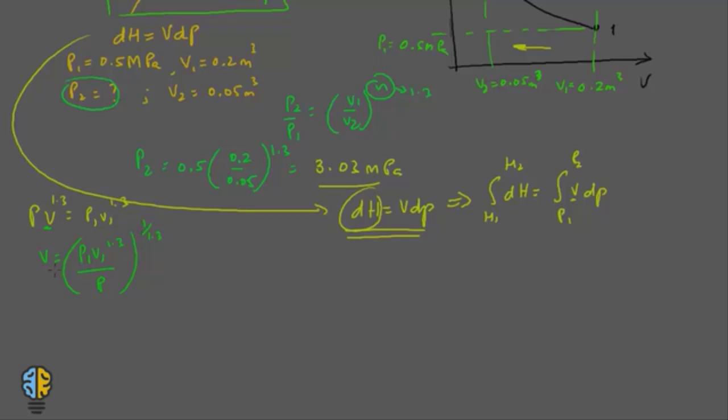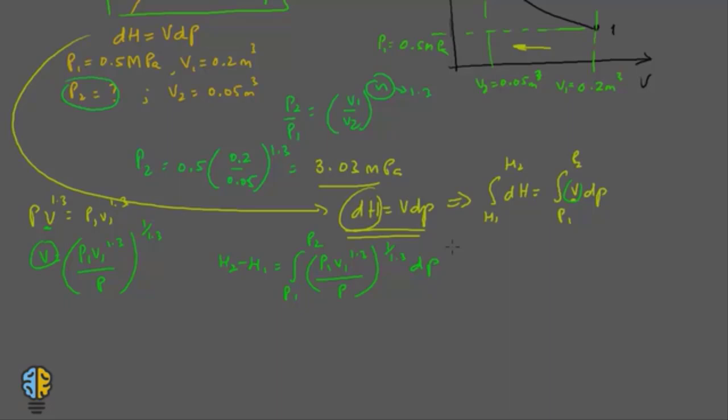Let's put this value of V over here, and this would become H2 minus H1 equal to the integral from P1 to P2 of (P1 V1^1.3 upon P to the power 1 upon 1.3) dP. Now P1 V1 is basically a constant value.